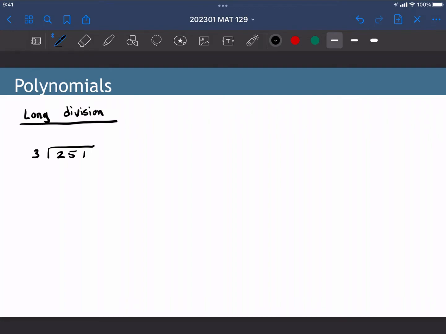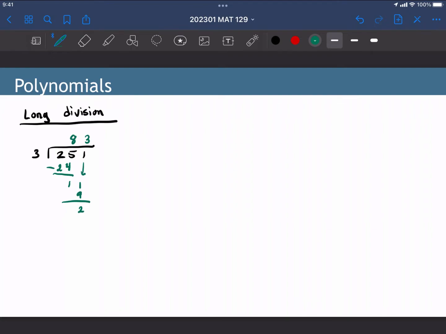And so you would go, oh, let's see here, 3 can't go into 2 because it's bigger, so it's going to go into 25. How many times? You go, oh, 8 times. 8 times 3 is 24, and then you subtract. Bring this down, you get 11. 3 can go into 11, well, 3 times. 3 times 3 is 9, and then what do we get left over? 2.